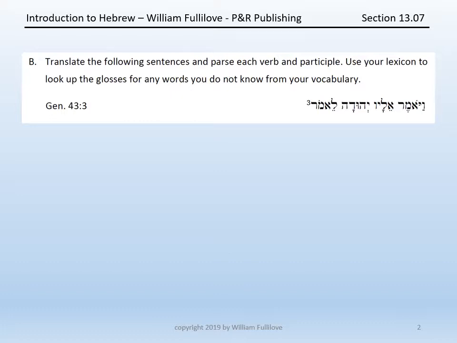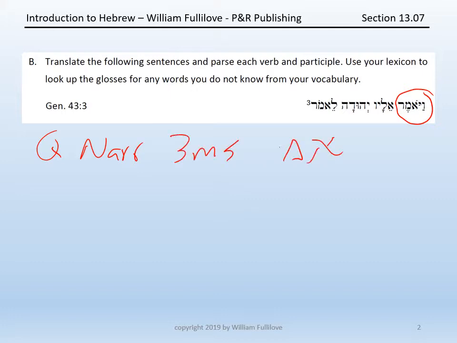But I first want to look for a verb, and in fact I find two. I find first vayomer, which at this point you're probably getting quite used to, a Qal narrative, third masculine singular of amar, glossed as and he said.